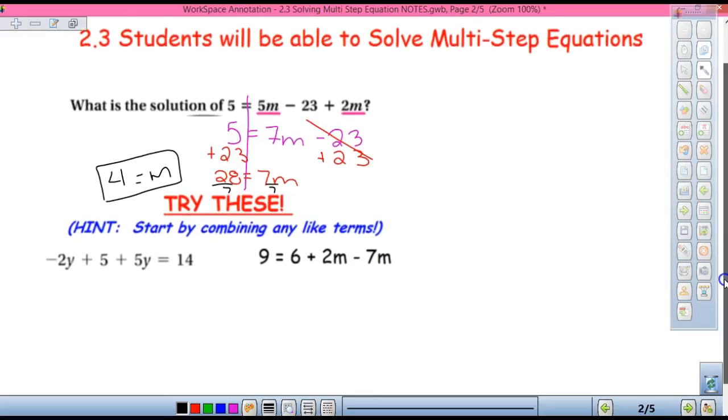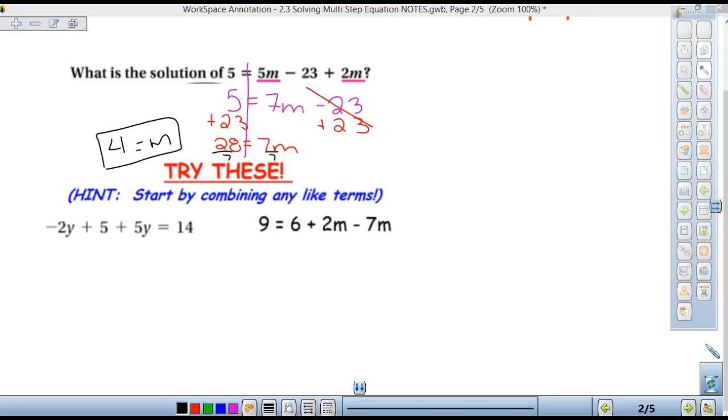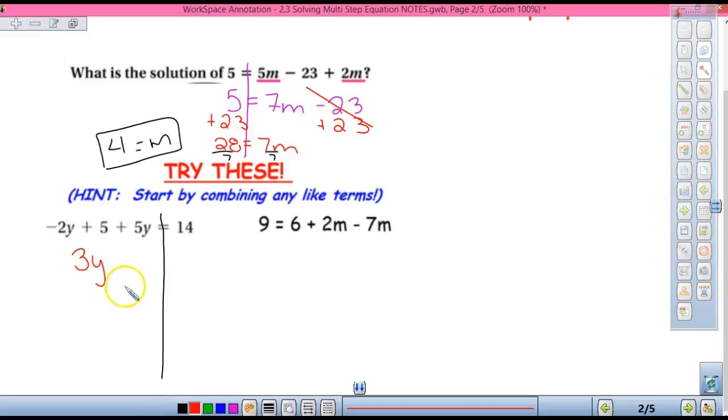Okay. So on this guy, all right, so we're going to draw our line. Combine our like terms on the left side. We get 3y, there you go, plus 5 equals 14. John, what's my first step?